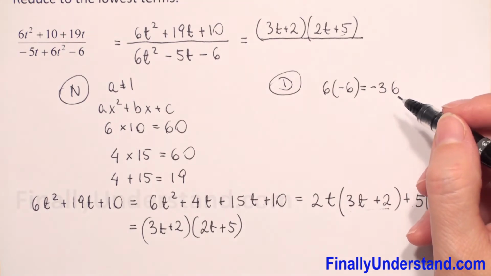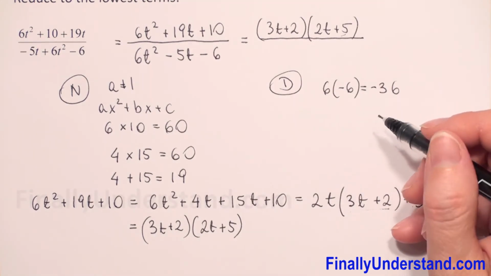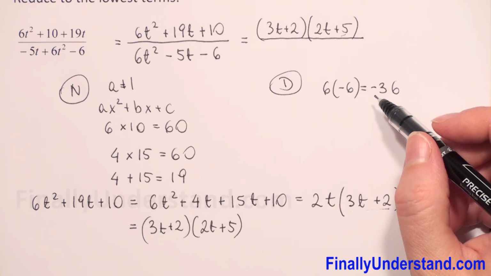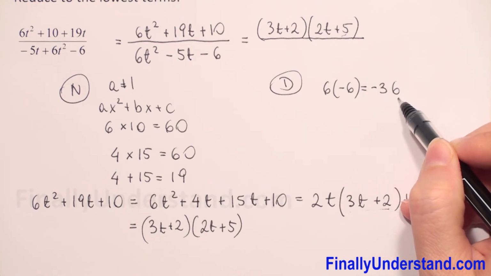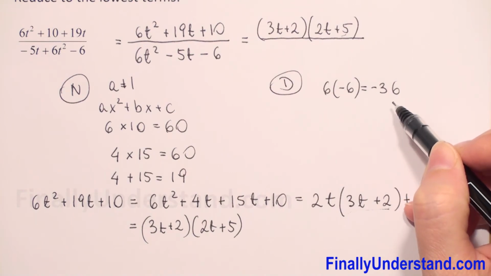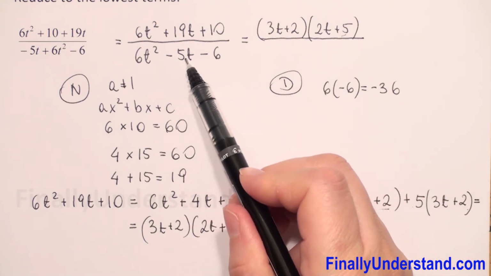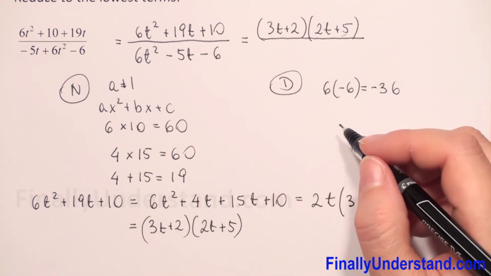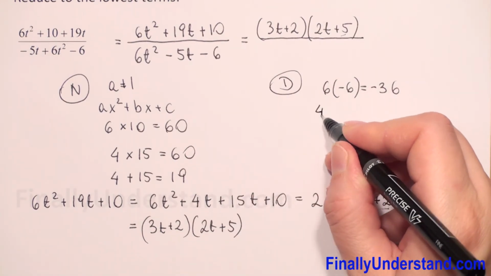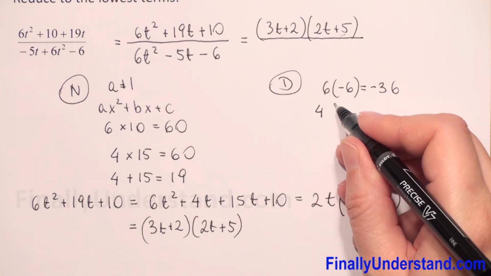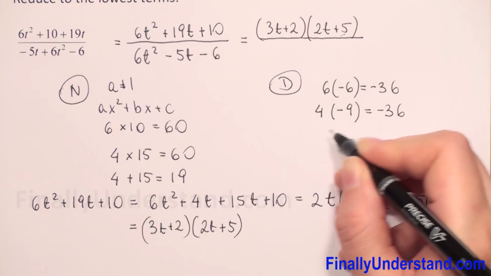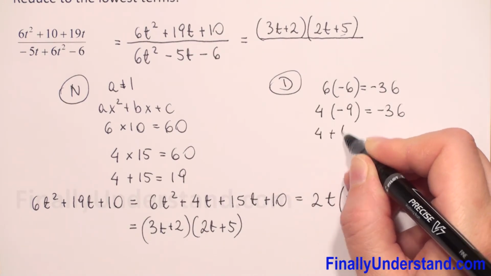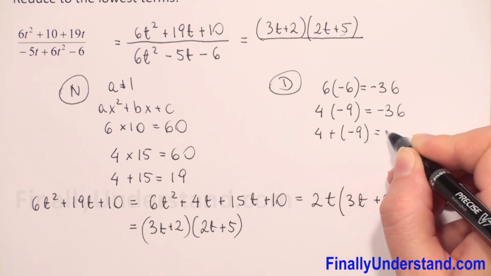Now we have to find two numbers whose product gives me negative 36 and whose sum gives me negative 5. We always check the coefficient before t. So it will be 4 and negative 9. 4 times negative 9 gives me negative 36, and 4 plus negative 9 is negative 5.